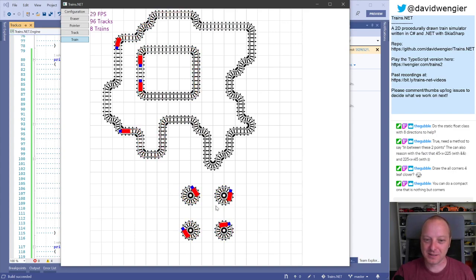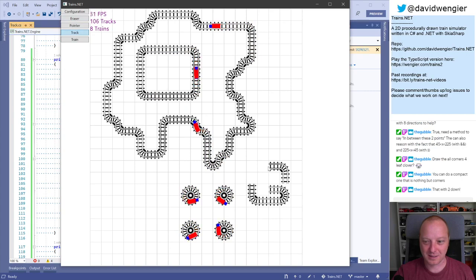Nothing but corners. A compact one that's not weird, but doesn't... Don't I have to have 3-way tracks for that? Or just fight with my tractor encode? Yeah, see, I haven't done 3-way tracks yet either. Okay, what if I erase that? Nope. That with 2 down. I need to get collaborative editing because that's what you meant.